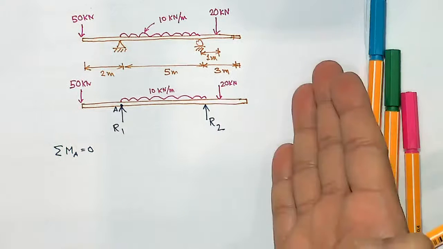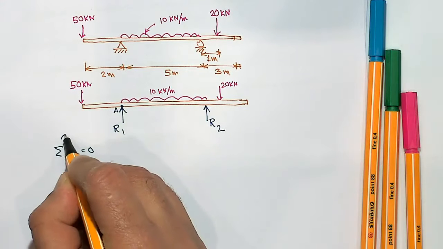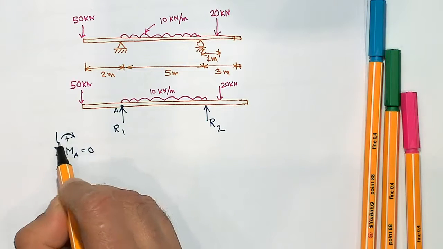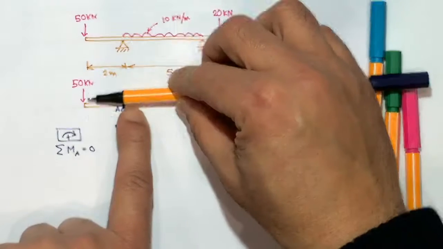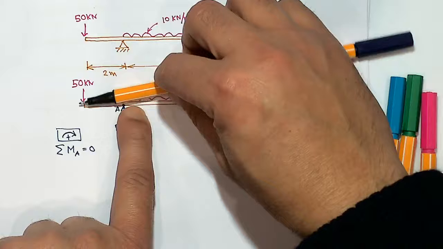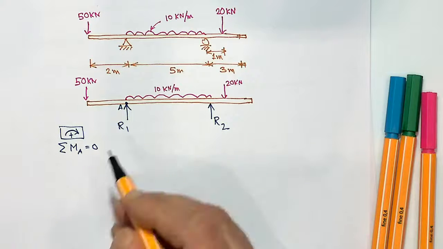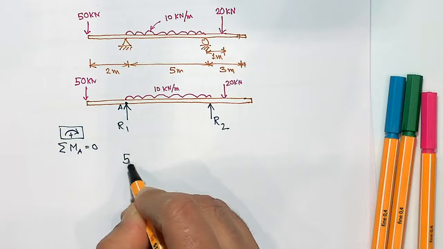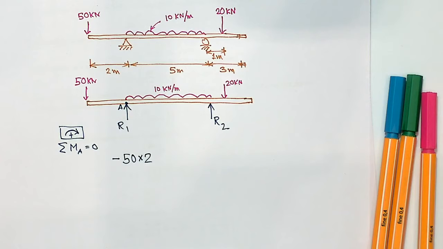Here I am calculating equilibrium of all the forces. So let's say I take clockwise as positive. So 50 kilonewton moment about this point is creating clockwise moment or anti-clockwise moment? Anti-clockwise moment. And what would be the value of the moment? That would be 50 times 2, and that is an anti-clockwise moment, so I put it as a negative value.